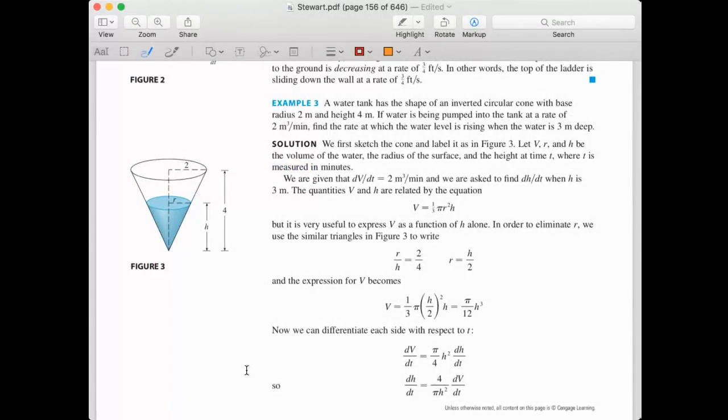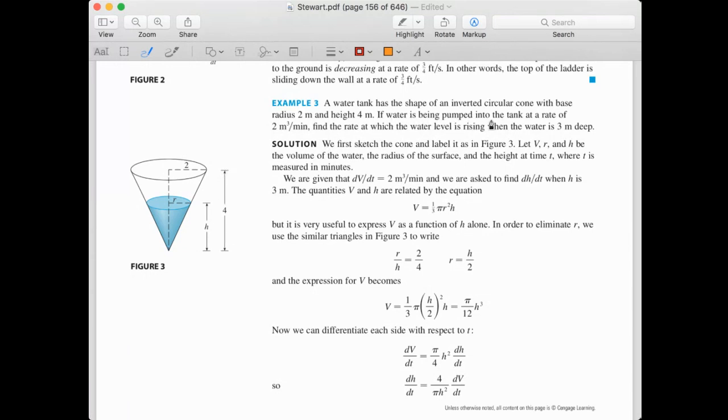Example 3. A water tank has the shape of an inverted circular cone, like an ice cream cone, with base radius 2 meters and height 4 meters.